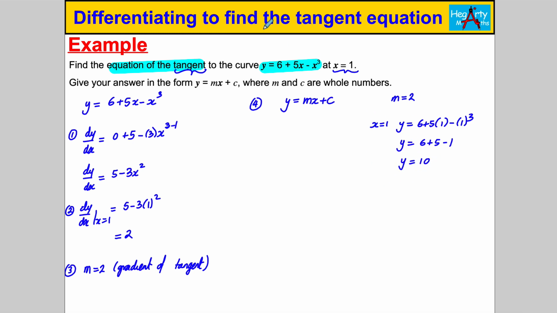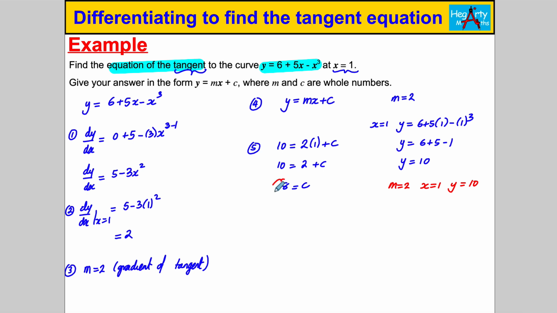So what do we know? We know m is 2, x is 1, y is 10. So we can substitute in. So substituting in here, 10 is therefore equal to 2 multiplied by 1 add c. 10 is therefore equal to 2 add c. Subtracting 2 off both sides, c is equal to 8.